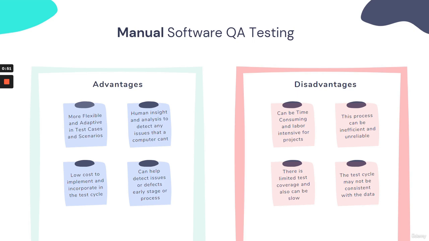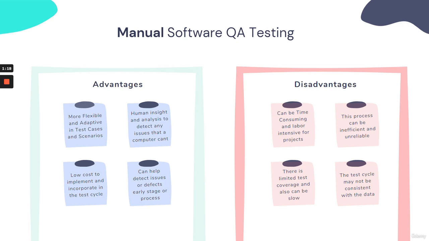Some of the disadvantages of manual testing are that it can be time consuming and labor intensive for some of the projects. This process can also be inefficient and unreliable sometimes. There is limited test coverage and also it can be a very slow process.